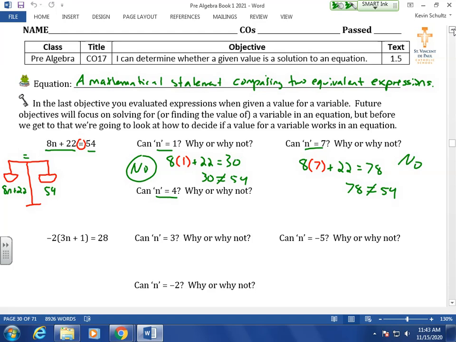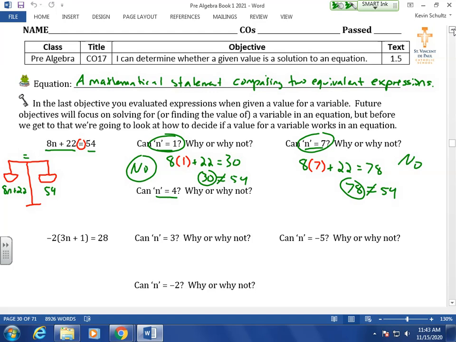Okay. Now, we kind of know that 4 is going to be the answer here, because I did tell you that one of these does work and two of them don't. We can also predict this using logic. When we plugged in 1 for n, our result was a little bit low, below 54. When we plugged in 7, our result was a little high.